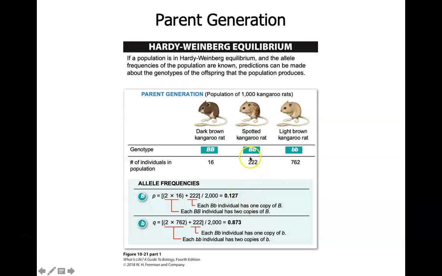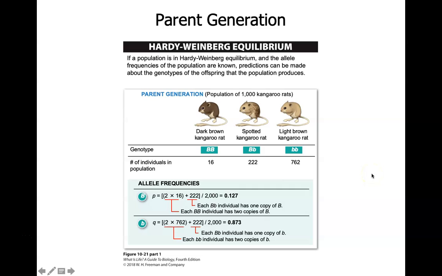We're going to use the 222 big B alleles as part of our calculation. So we have 2 times 16 for 2 copies of big B plus 222 for 1 copy of big B, divided by 2,000 total alleles, giving us an allele frequency for the dominant allele of 0.127.